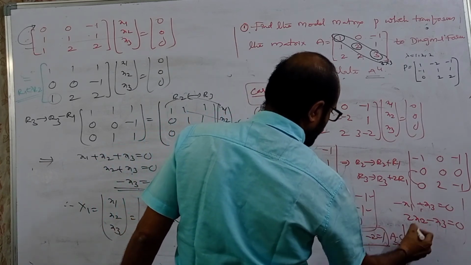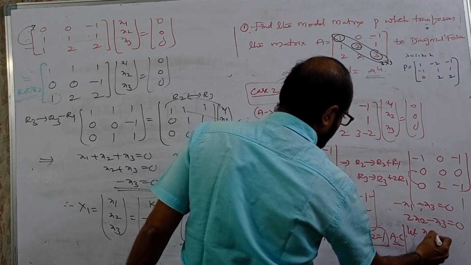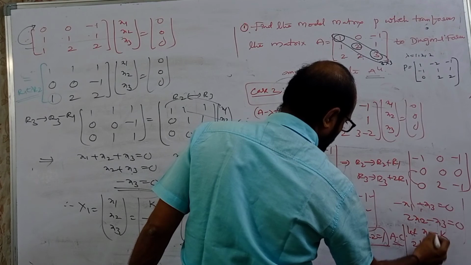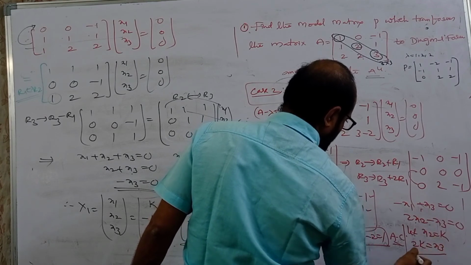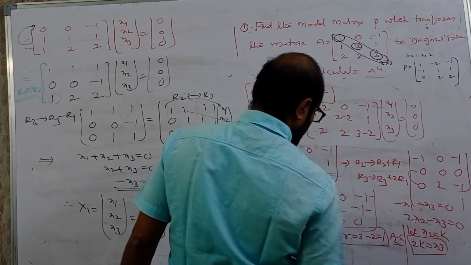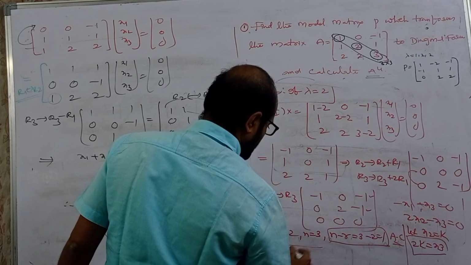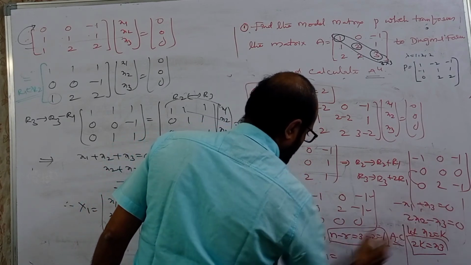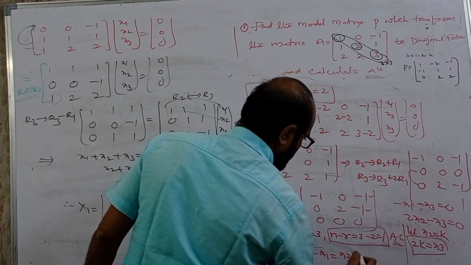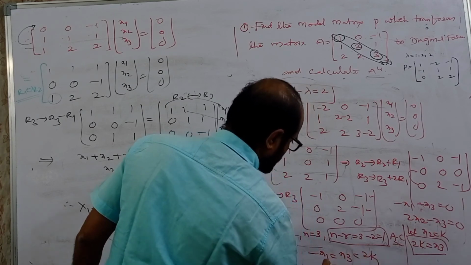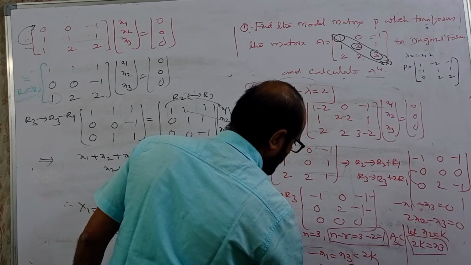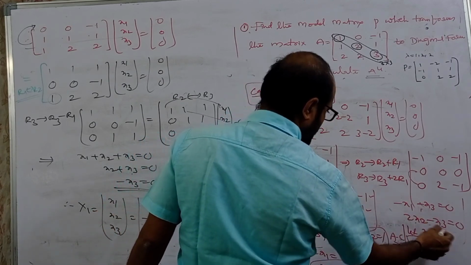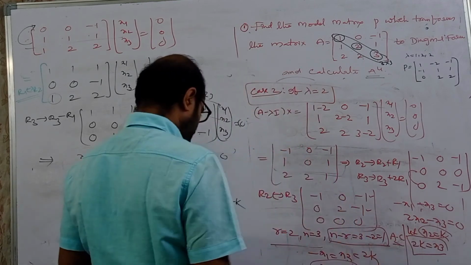Let x2 equal to k, then 2k equal to x3, so x3 equal to 2k. If x3 equal to 2k, then what is minus x1? Minus x1 is plus x3, so x3 is 2k, so x1 equal to minus 2k. x1 is minus 2k, x2 is k and x3 is 2k, finish.